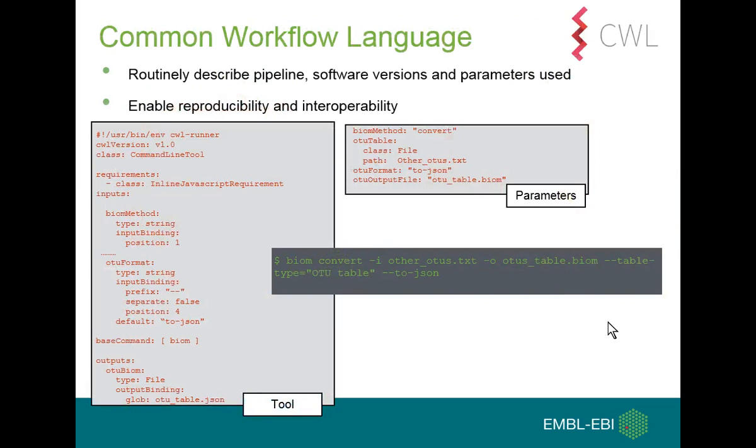So one of the things we're advocating is the use of ways of capturing all of these parameters. There are lots of different workflow languages. One of the ones that we're working on and looking at really adopting now in earnest is the Common Workflow Language. What that allows you to do is describe each tool, and then you can chain those tools together.